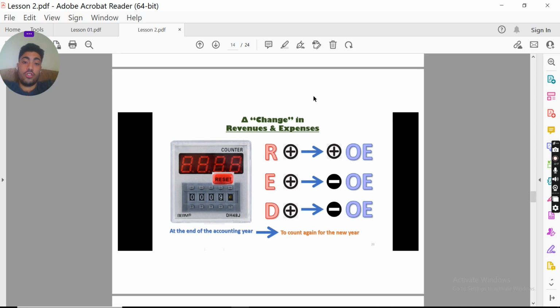That's the change in revenues and expenses. We have something called RED, R-E-D. R is the revenues, E is expenses, and D is the drawings. Let's define that. Have you seen that photo? Yeah.